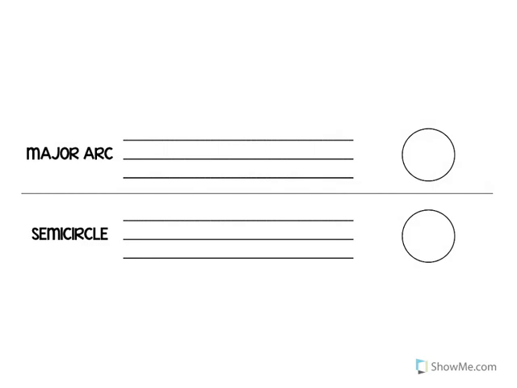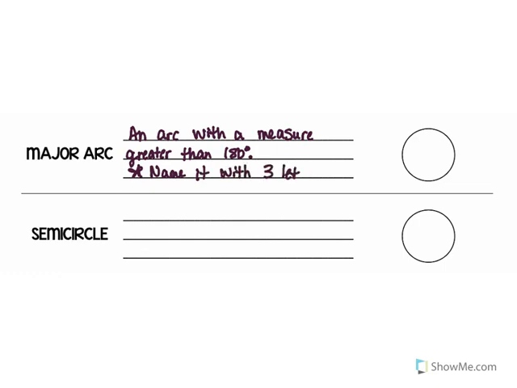Okay, now here is how a major arc is different. A major arc is an arc with a measure greater than 180 degrees. And there's one big difference. You are going to name it with 3 letters.